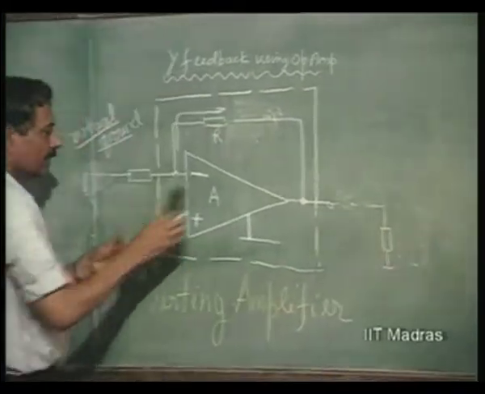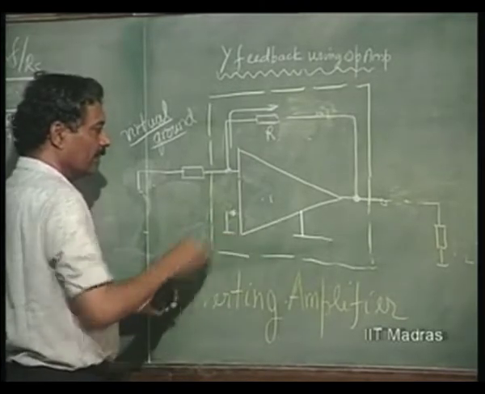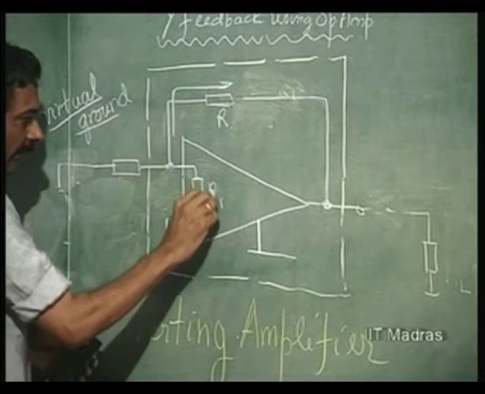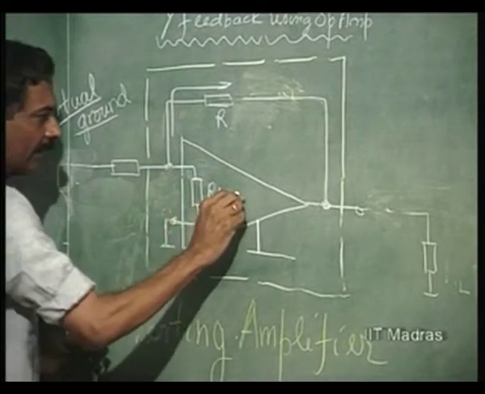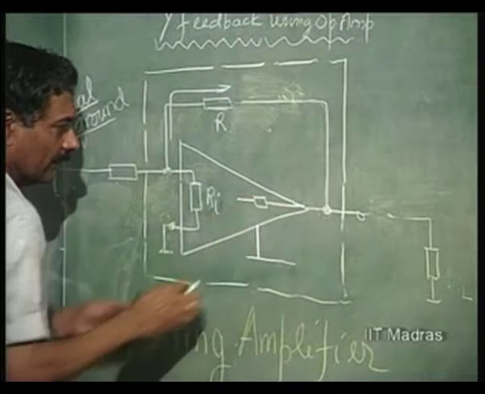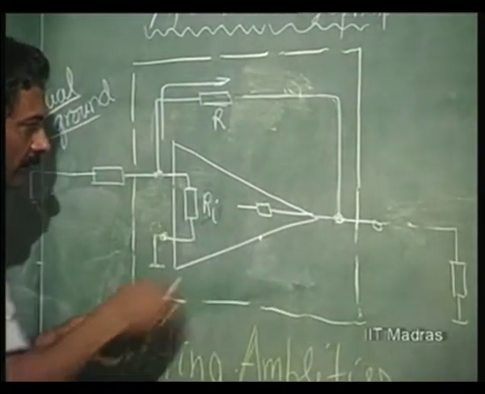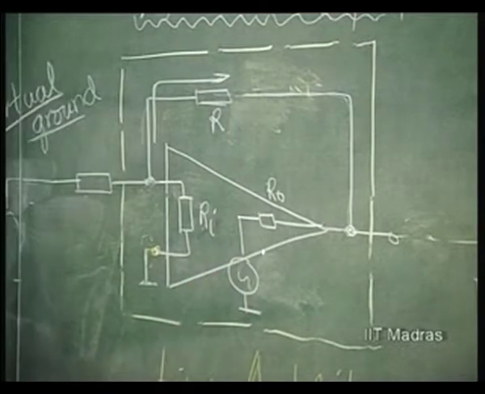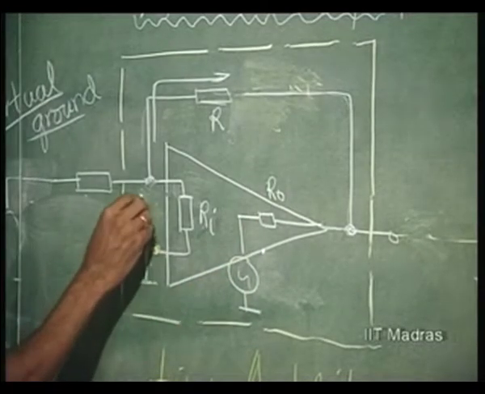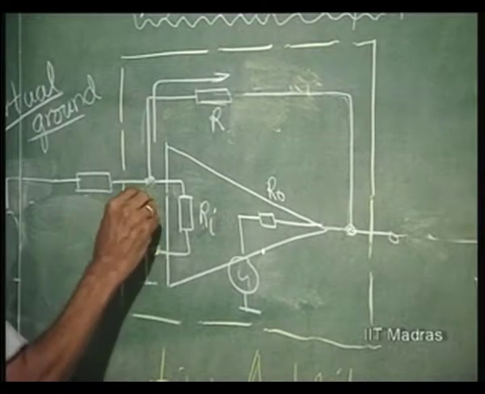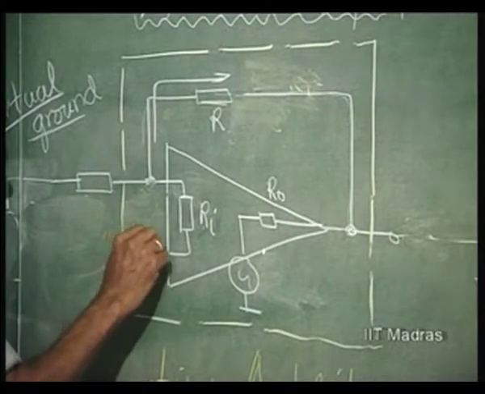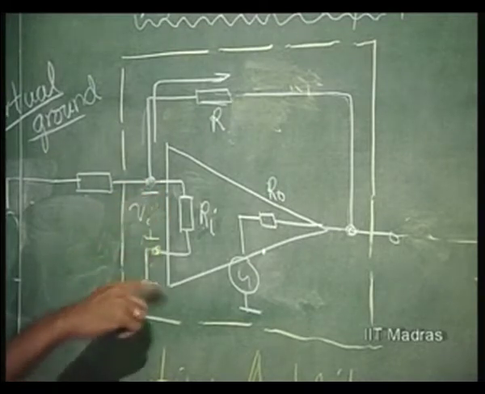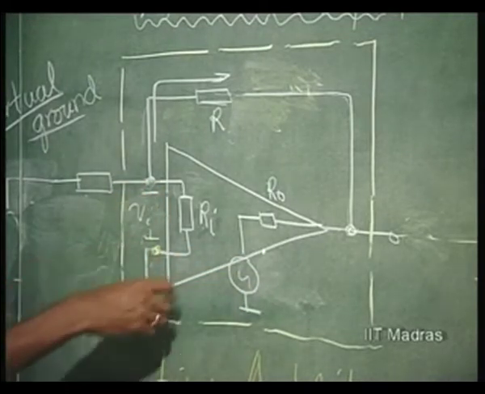So, that means here, instead of it being an open circuit, we have Ri, same thing, and here the output R naught, and if this is, let us say, Vi here, A times Vi there.